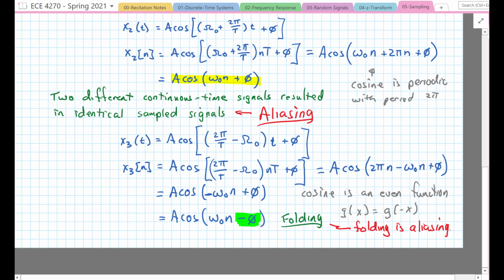If we were to take the Fourier transform, the DTFT, of, say, x2 plus x3, they would show up at the same frequency, and their phases would be different, and there would be no way to disentangle those anymore. What we would get would be a single frequency term with some phase related to the original phases of the two. And so because of this, whatever type of aliasing it is, it's a problem.